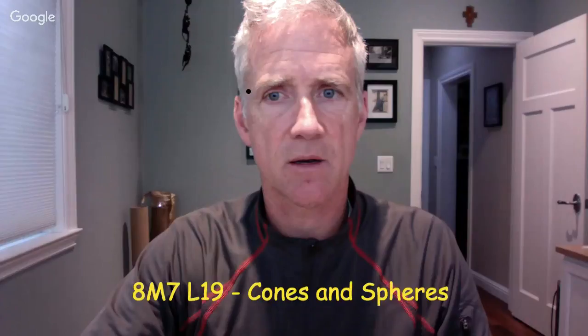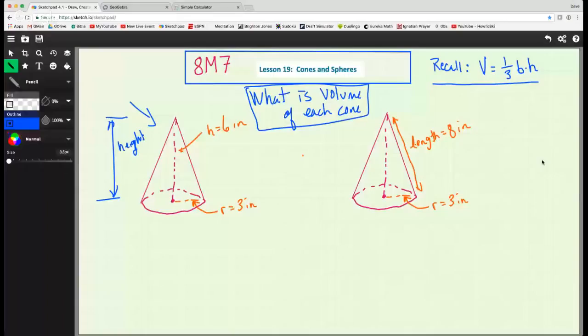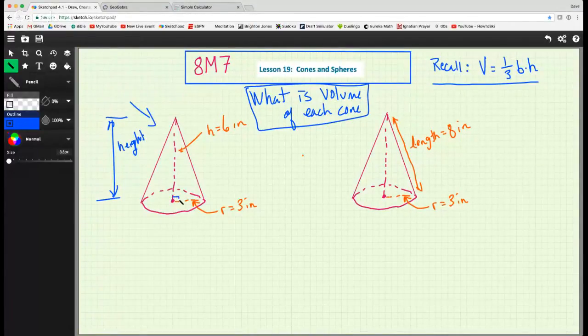So again, we had our slant height and our height. So in this case, in this cone where we've measured the height of the cone, and this is a right angle, by the way, we can just say, well, the volume is equal to 1/3 times base times the height. So that's 1/3 of our base.